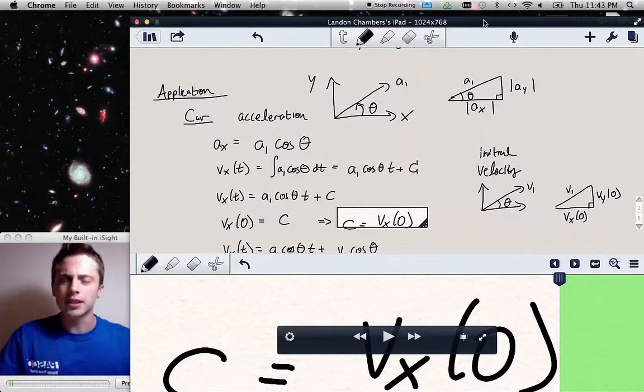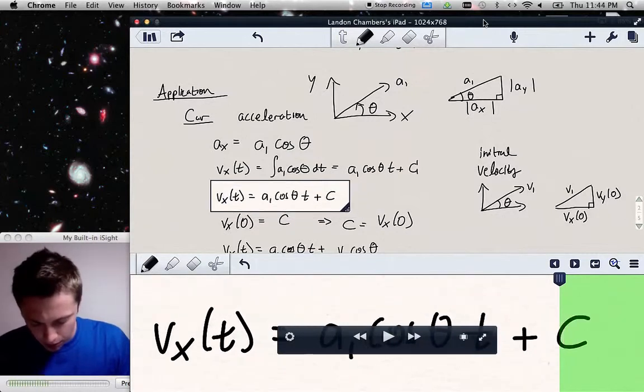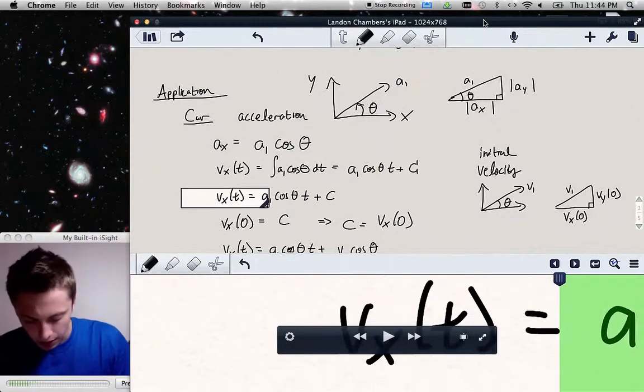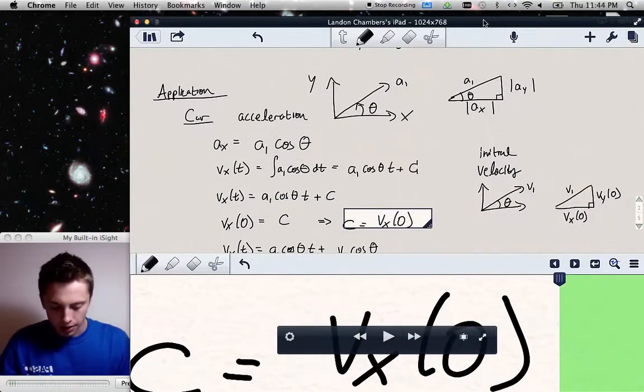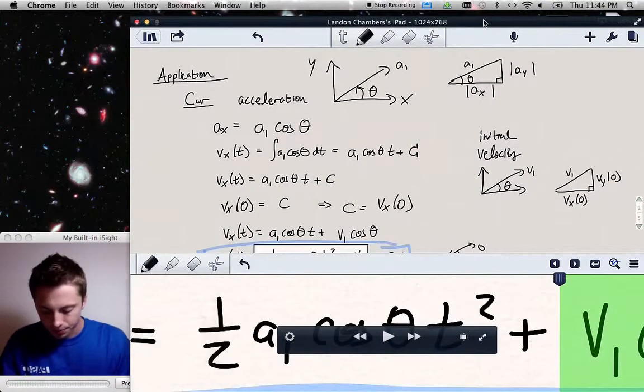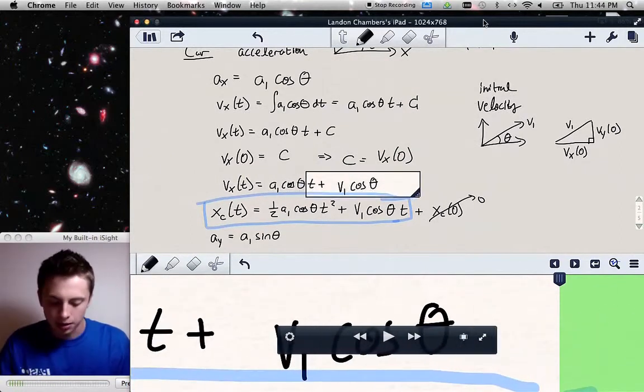What does that mean? That means that the arbitrary constant in this equation is equal to the x component of the velocity evaluated at time t equal to 0. That's exactly what it means. So then you just rewrite the result with the arbitrary constant plugged in.